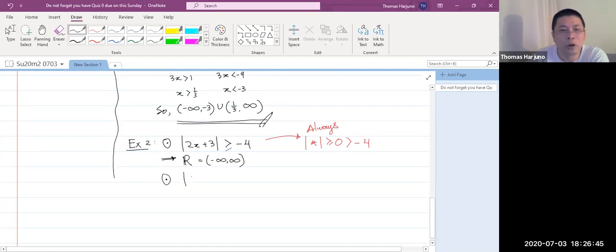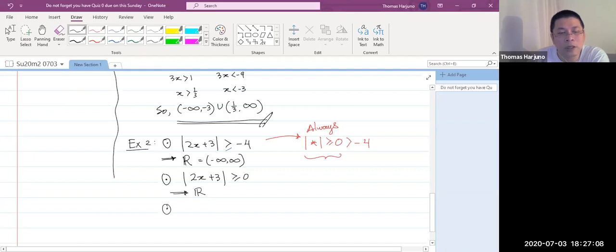Then absolute value of 2x plus 3 greater than or equal to 0. This is still always true, right? Because the absolute value of anything is always greater than or equal to 0. The answer is all real numbers.